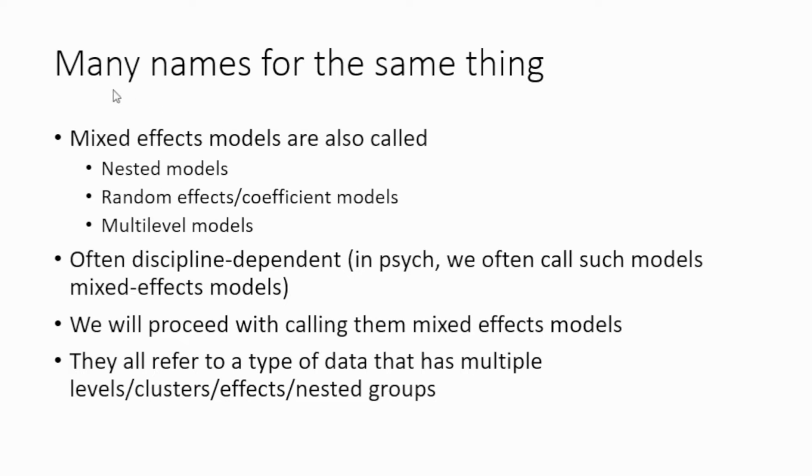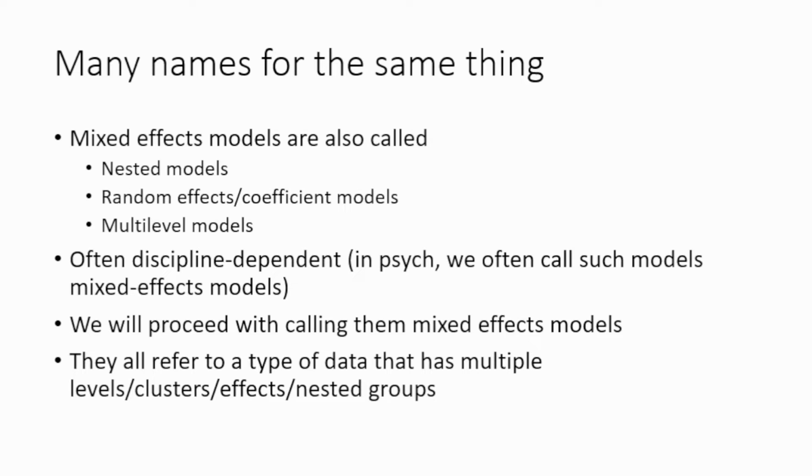So to start off with, there are many names for the same thing. Mixed effects models are also called nested models, random effects models, random coefficient models, multi-level models, and the name that they're called by is often dependent on the discipline that is calling them a name. In psychology, we often call such models mixed effects models.